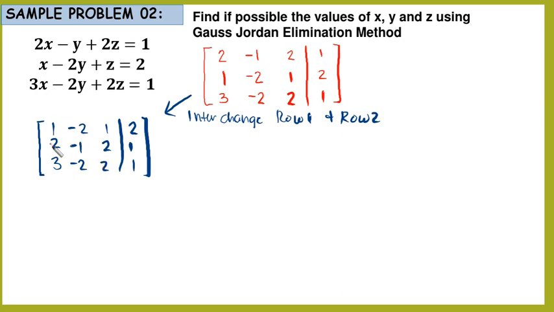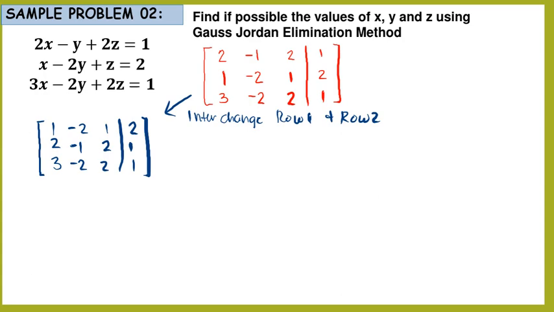Next is we have to make this 2 element here equal to 0. And to do that, we need to make an equation for us to multiply here in our row 2 and row 3 na yung result niya is magiging 0 dito sa dalawang element.